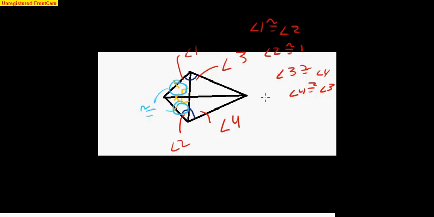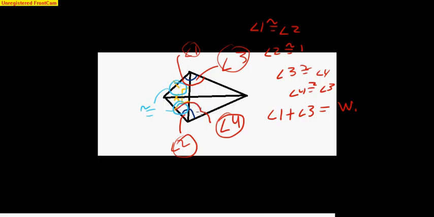So we know that angle 1 plus angle 3, so angle 1 here plus angle 3 here, is equal to this whole angle, right? So we'll call that whole angle W sub 1. We also know that angle 2 plus angle 4 is equal to this whole angle here, which we will call W sub 2.